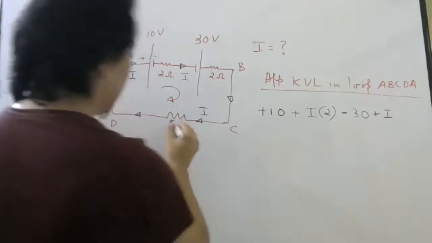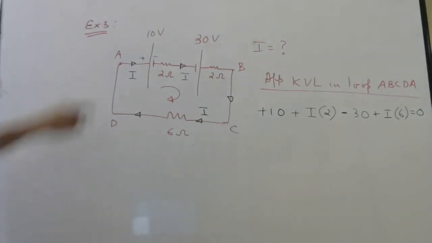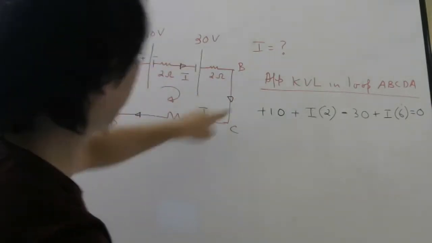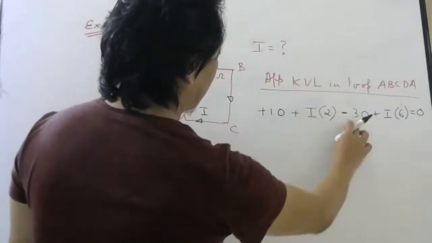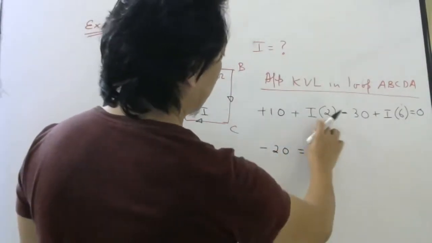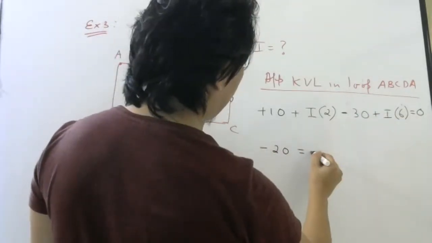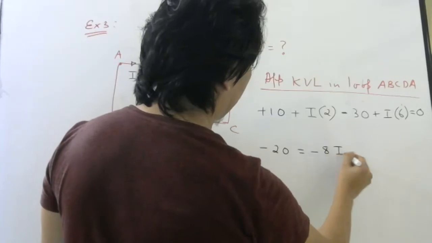I only. Resistance 6. So total change in the potential difference should be 0 because I came back to the same point. So 10 minus 30 minus 20 equals 2i, 6i, 8i. That will go that side. Minus 8i.